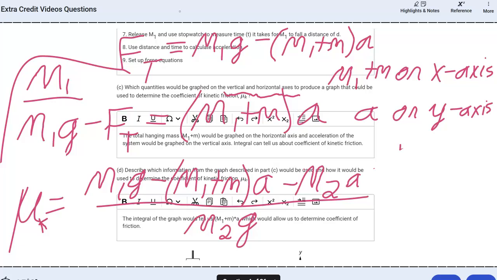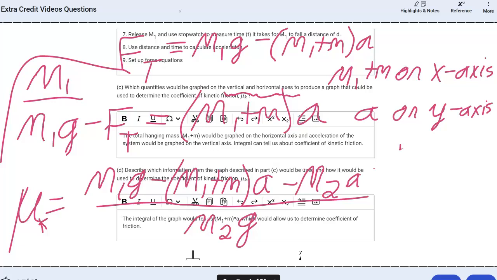So if we can figure out M1 plus M times a, that would significantly help us figure out what our coefficient of kinetic friction is. And then we also are going to measure M1 and M2 from the electronic balance in our experiment. So then it's going to let us calculate our coefficient of kinetic friction.